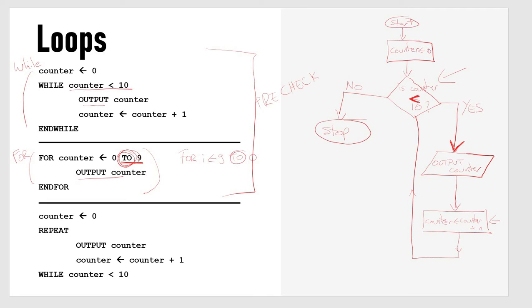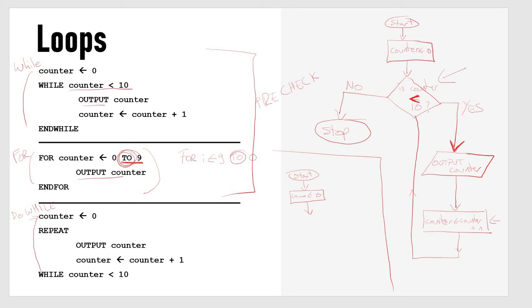Now, if we convert the do while loop, so this loop here is called a do while, the way you would do this in a flowchart is, again, you would have your start. Let me just split these two into different parts. So you'd have your start, then you would have your counter, because we have it in the program here. So we would have a rectangle, and we say counter is assigned to 0.